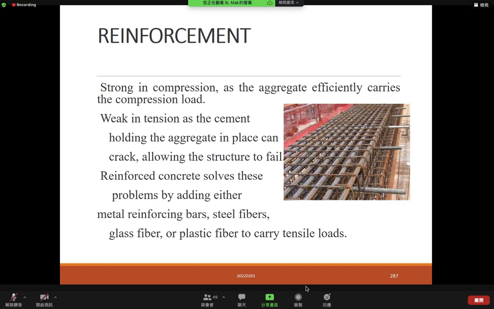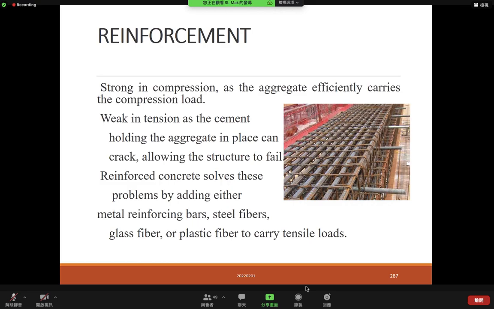Reinforcement, such as the common reinforcement, is steel bar. Concrete has high compression strength but lower tensile strength. The reinforcement can enhance the tension, as the aggregate efficiently carries the compression load.